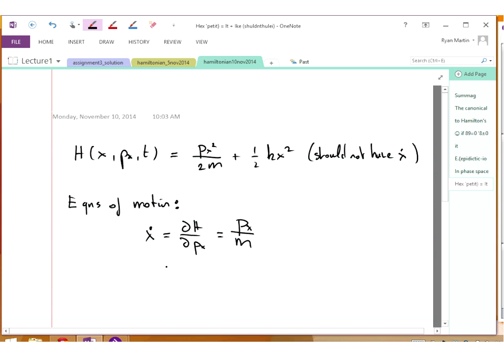And then the other canonical equation tells me that Px dot is minus ∂H by ∂x, and so that's equal to minus k x.